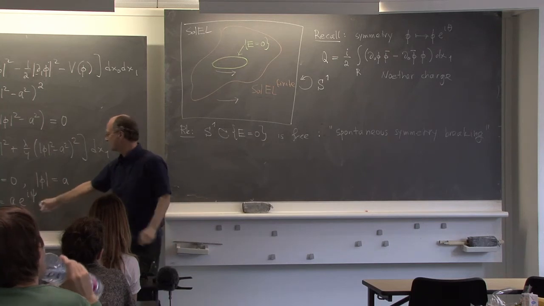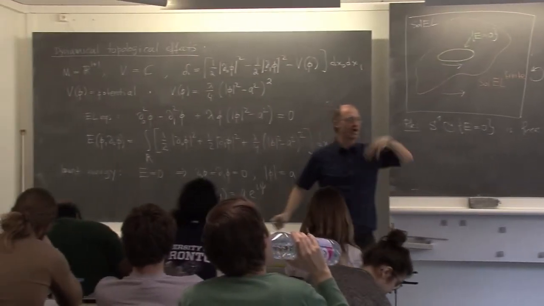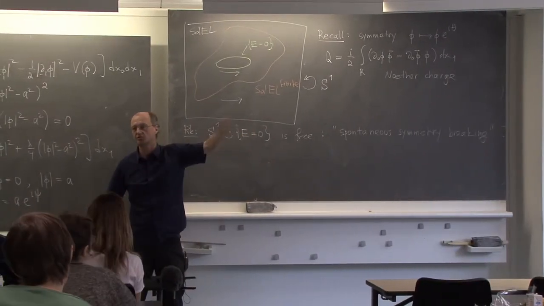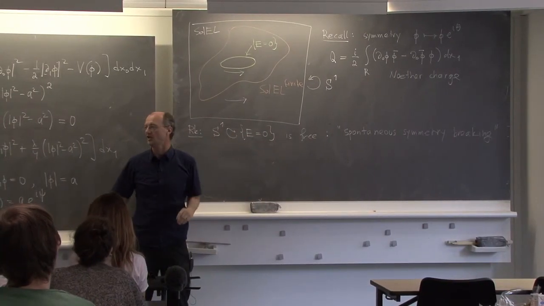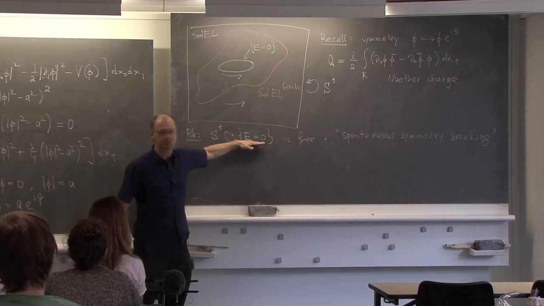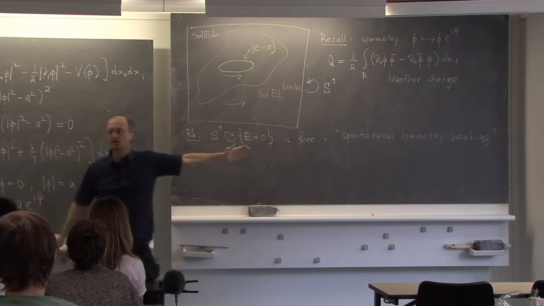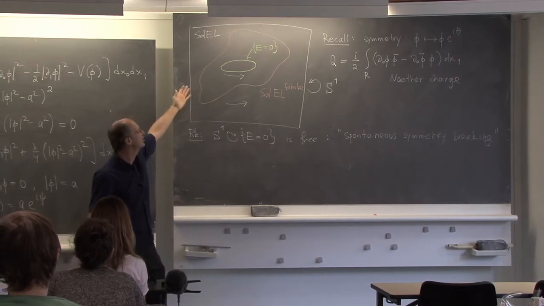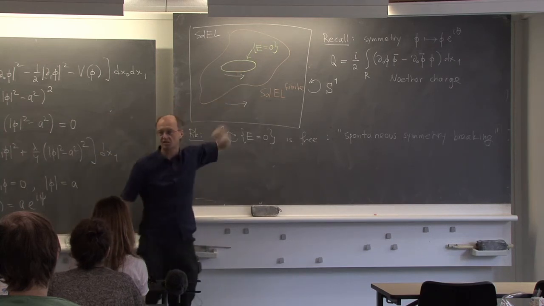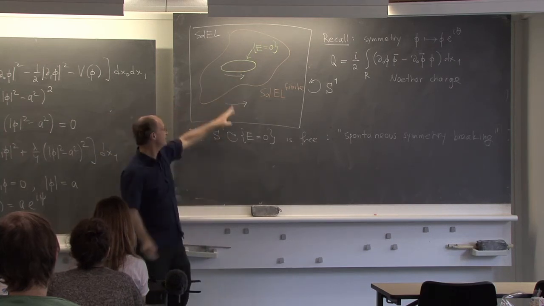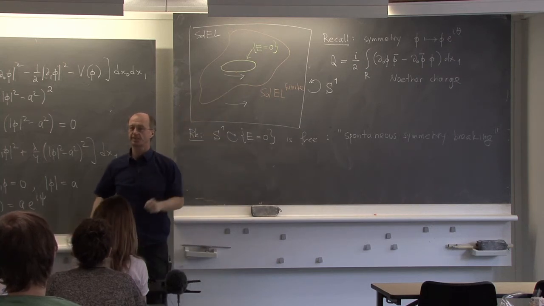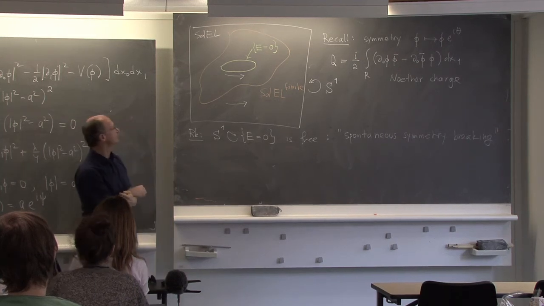So we have this E equals 0 solution. We act by symmetry. The action is free, so there are absolutely no fixed points. You always move from one solution to the other. In quantum theory, there would be some consequences of this simple fact. But for us, in classical theory, what we observe is that this symmetry acts, and it acts freely on the E equals 0 surface. There are some fixed points elsewhere, but not there.